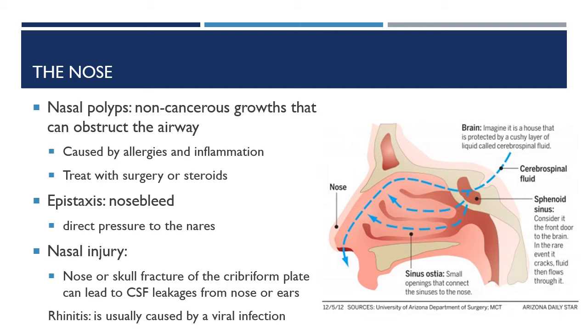So if someone comes in and they've been, say, punched in the face and they have facial fractures and they're dripping clear fluid out of their nose, that can be an indication that they're actually dripping cerebrospinal fluid out through their nose through the cribriform plate.